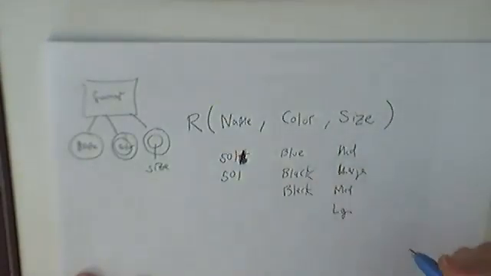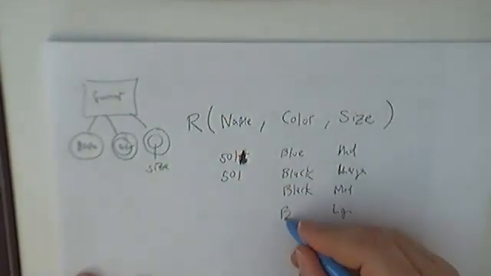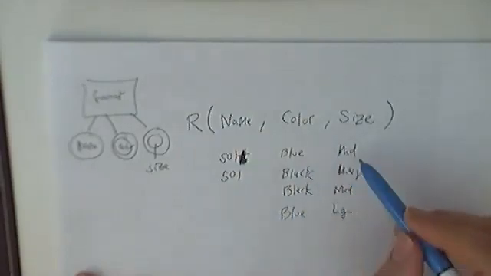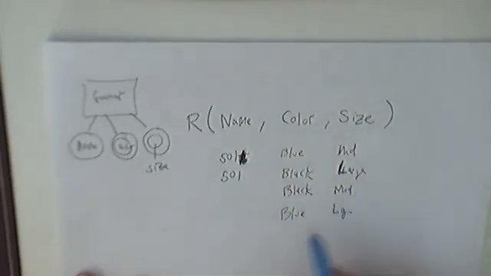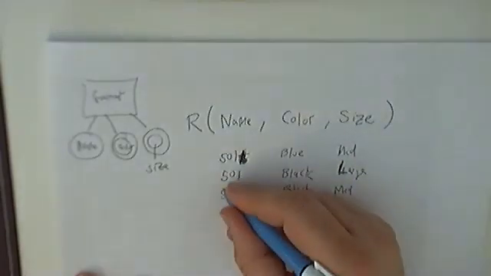So we have blue medium, black large, black medium, blue large. And then they're all 501s.